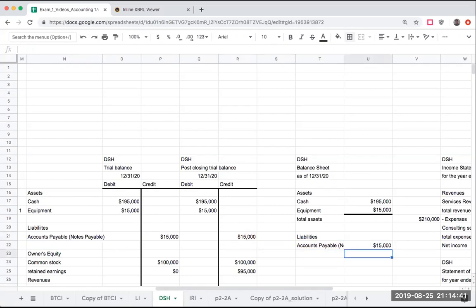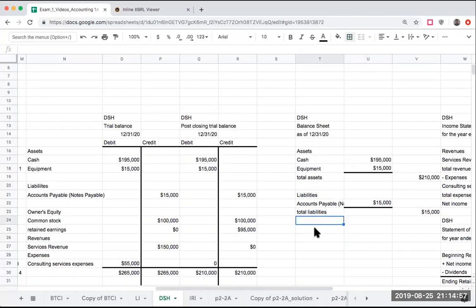Notice I'm not doing anything over here. I'm not saying that this is a debit or a credit. I'm just laying out the numbers. So my total liabilities are going to be 15,000. If you've had accounting before, we're not doing a classified balance sheet at this point and segregating out our assets and our liabilities. We're going to be doing that for the next exam.